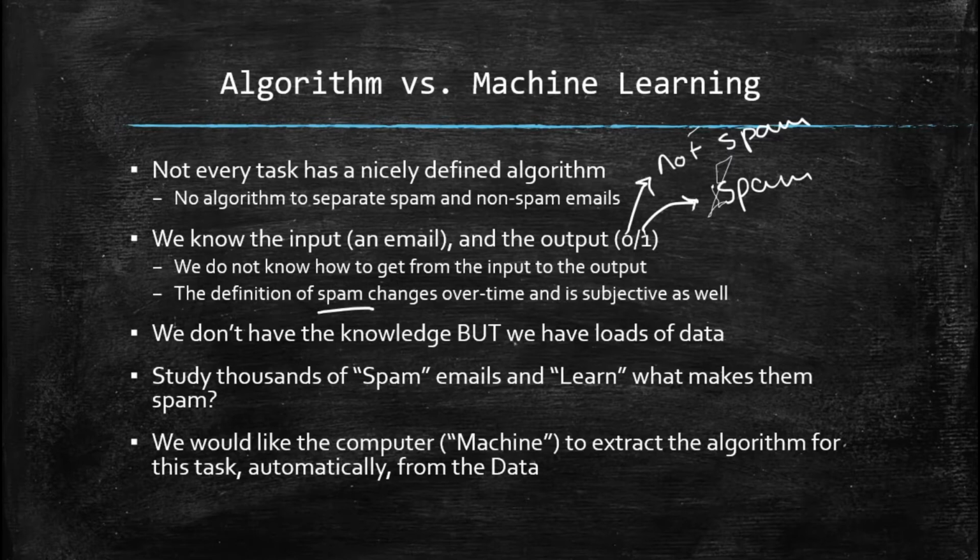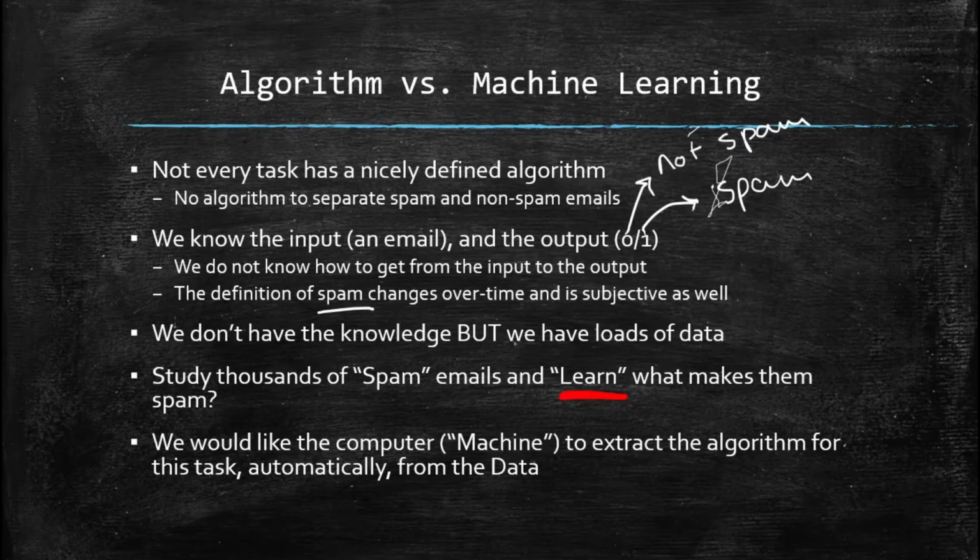So basically what you can do is study all these spam emails, and pay attention, because this is very important. We are getting to the core of the whole idea of machine learning. We study thousands of spam emails and learn what makes them spam.